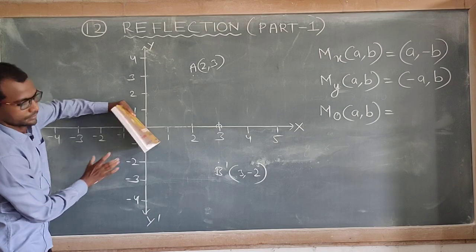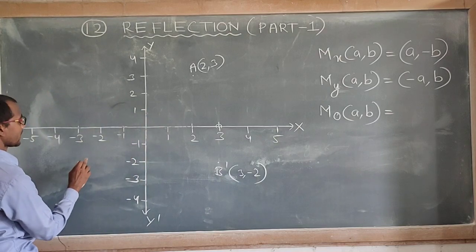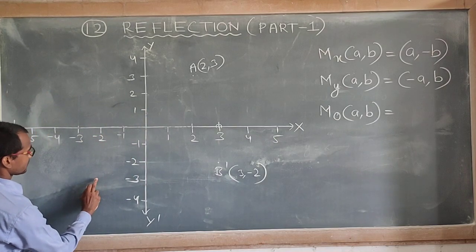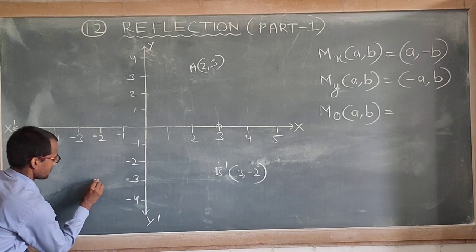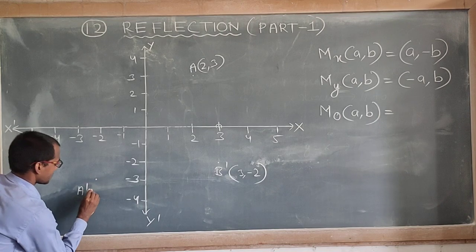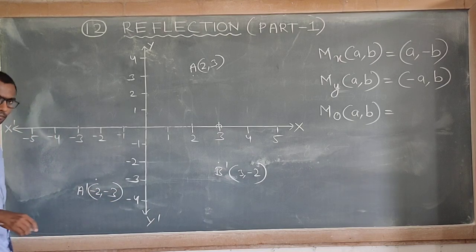The image of A will be formed at -2, -3. This is A dash, -2, -3.